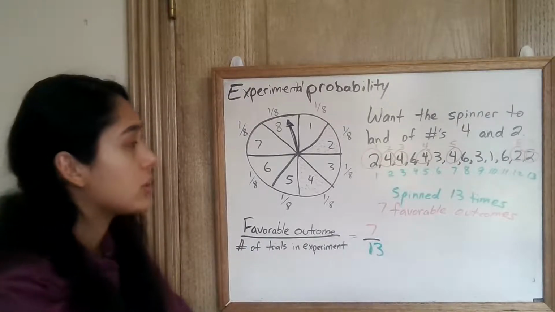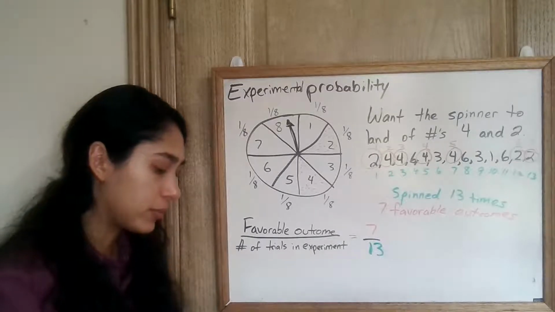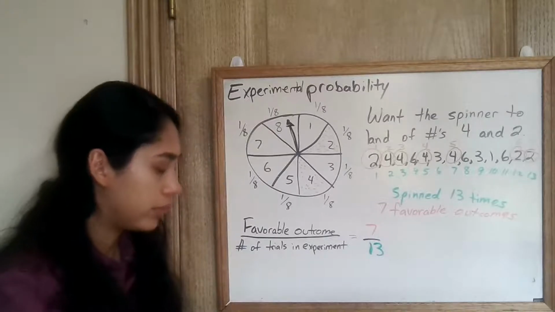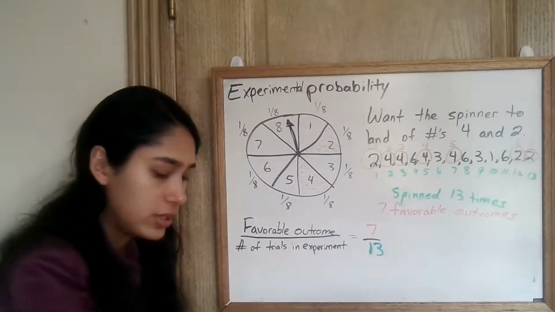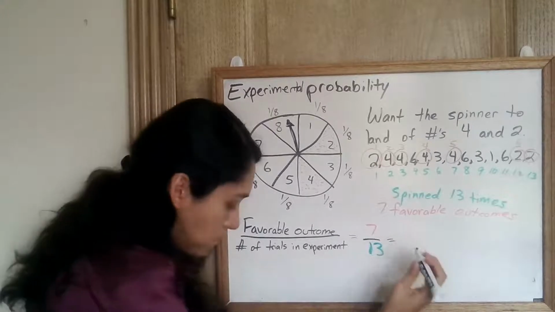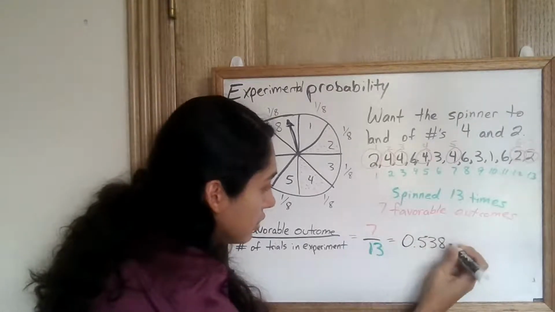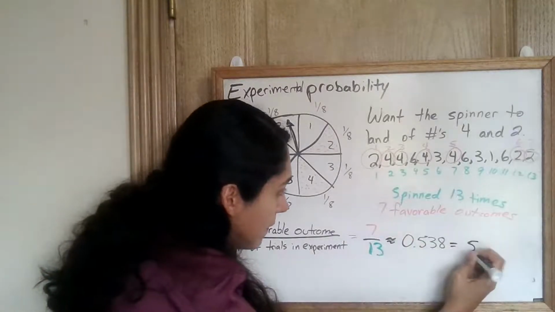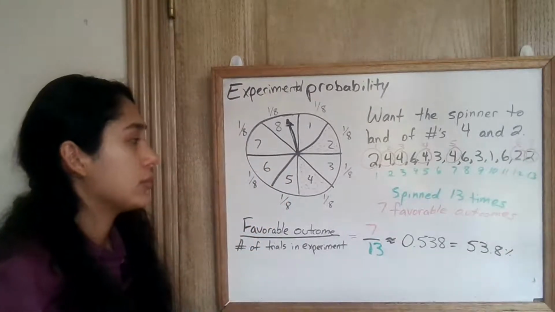If we go ahead and try to see that as a different value, let's try to see this as a percentage. We actually see that this is the same as, or very similar to, 53.8%.